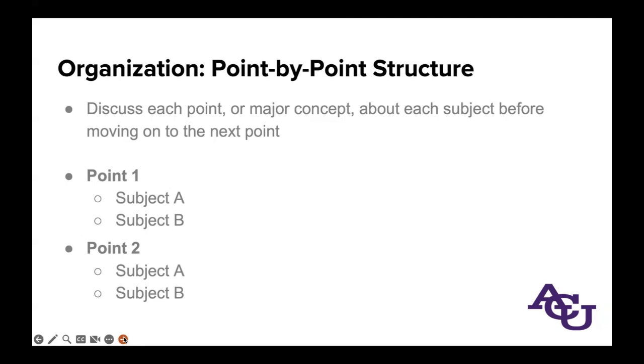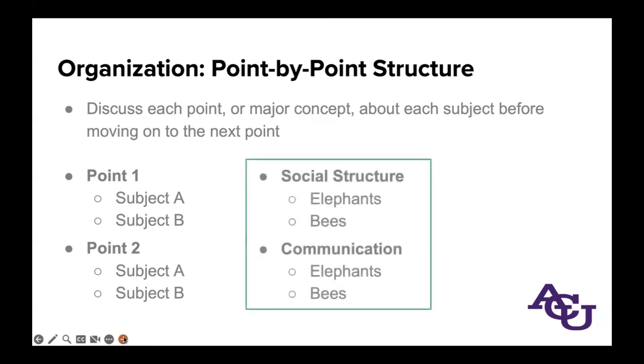First, you discuss each point or major concept about a subject, subject A, and then you move to subject B and you discuss each point or major concept. So you just go point by point by point by point, before moving on to the next one. So let's build a model here. We're looking at organization, a point by point structure.